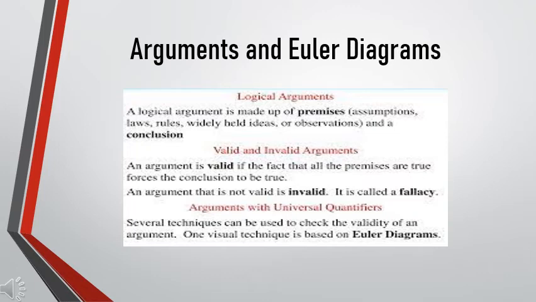An argument is valid if the fact that all the premises are true forces the conclusion to be true. An argument that is not valid is invalid. It is called a fallacy. Arguments with universal quantifiers. Several techniques can be used to check the validity of an argument. One visual technique is based on Euler diagrams.